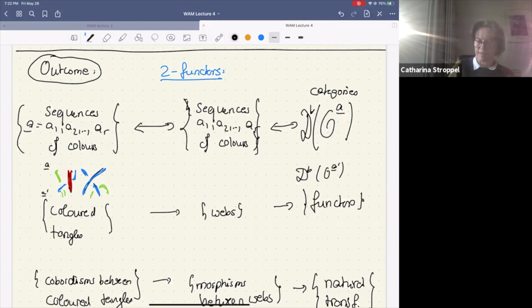And then the tangle is supposed to be a functor going between them. And you do it exactly as we did it before. You first write the tangles in terms of elementary pieces, and then you assign to each elementary piece a pretty easy functor. And then you check that these pretty easy functors satisfy the relations you want to have. And so this gives you then a probably complicated functor associated to each tangle with these colors.